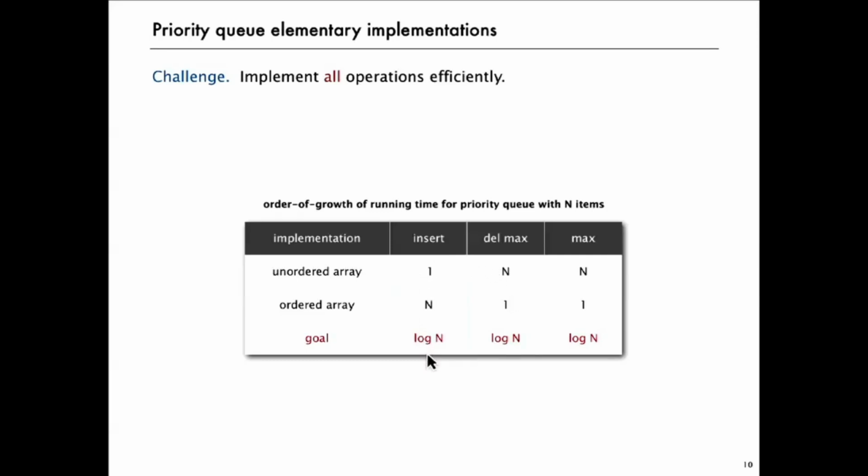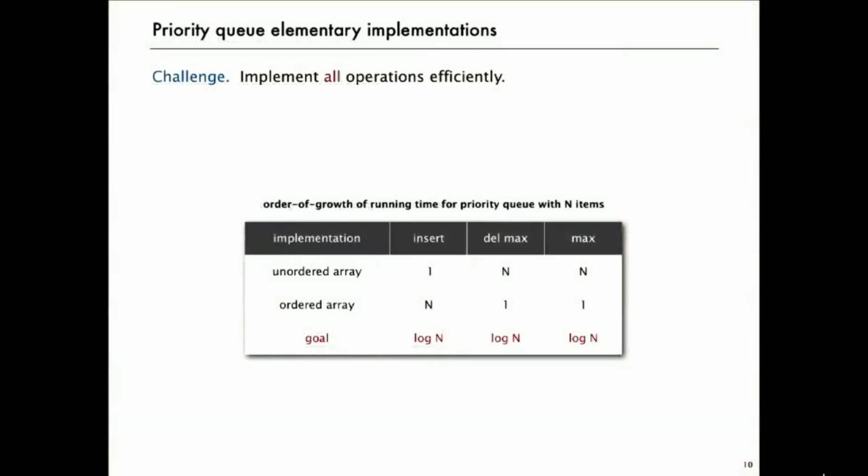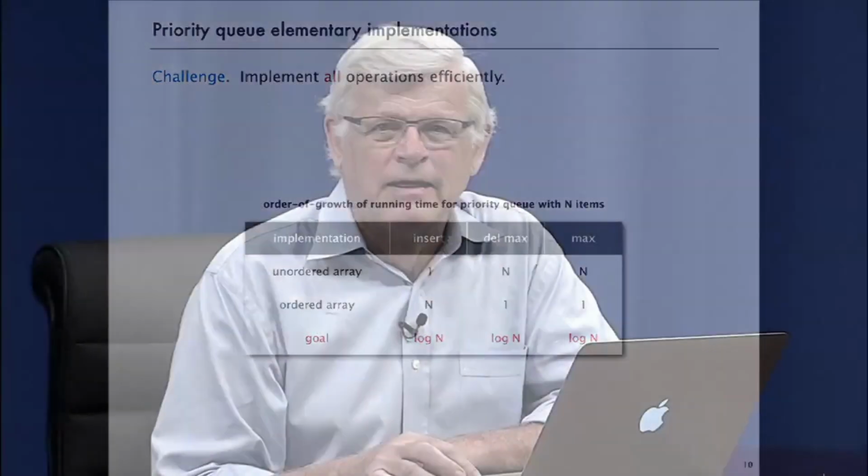Whereas what we can hope for, and what we actually will achieve, is log n time, time proportional to log n for all operations. With a clever data structure and interesting implementation, we can actually achieve that goal. That's the basic API and some elementary implementations for priority queues.